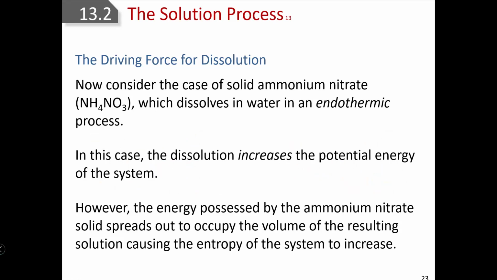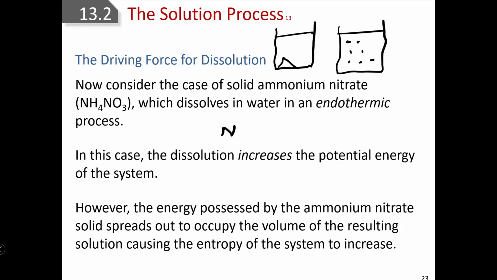So ammonium nitrate, again, what's going on? You have the ammonium nitrate in water. It's first a solid. As it dissolves, entropy increases, and it requires energy to separate the ammonium ion from the nitrate ion.